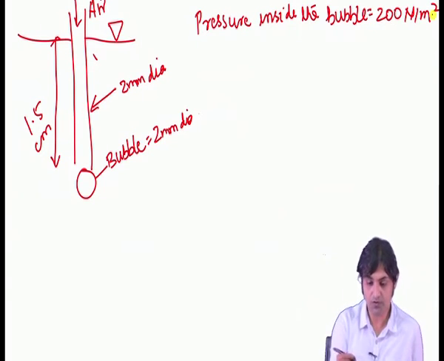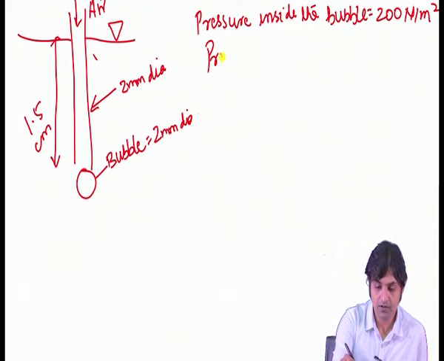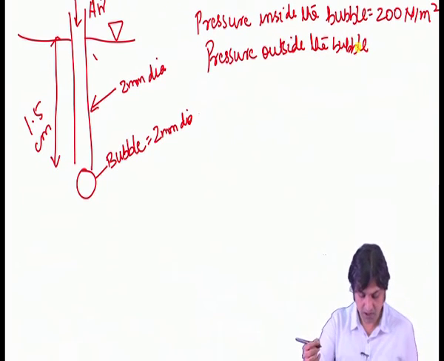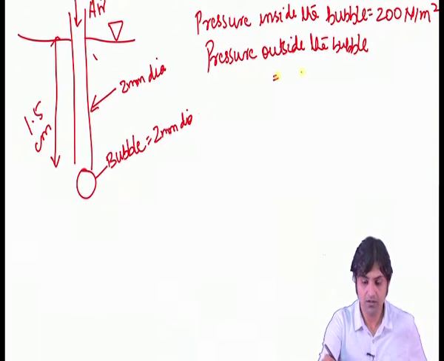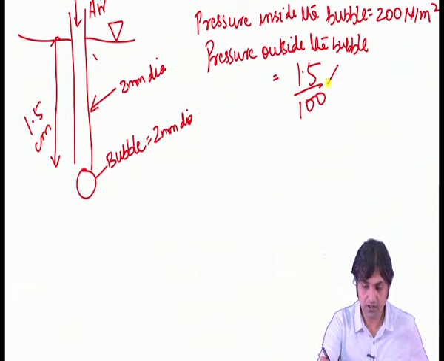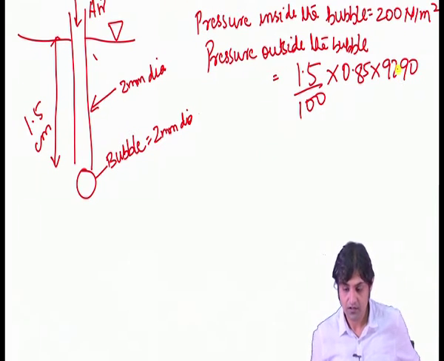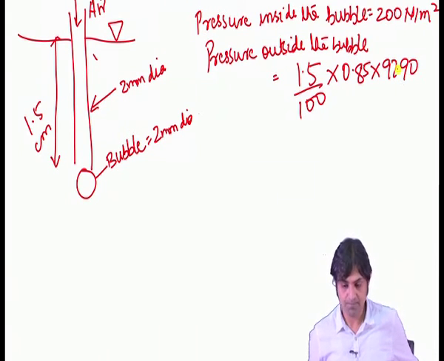And it is also told the pressure outside the bubble is given by 1.5 into 100 into 0.85 into 9790, that is the specific weight, right?